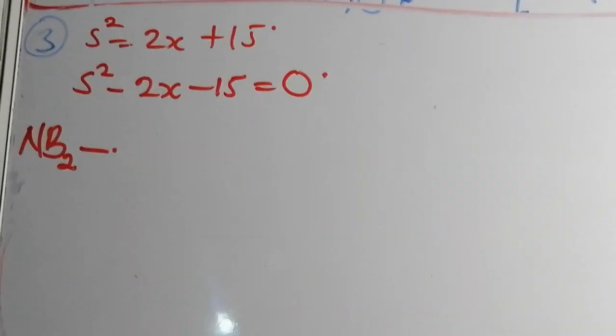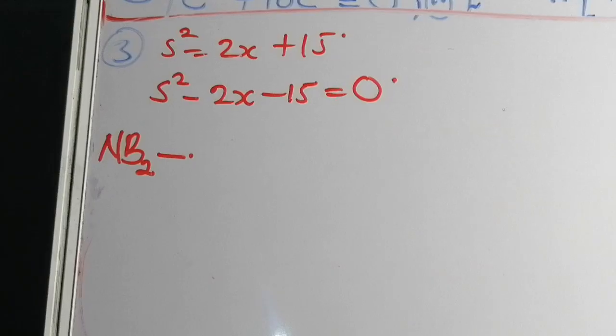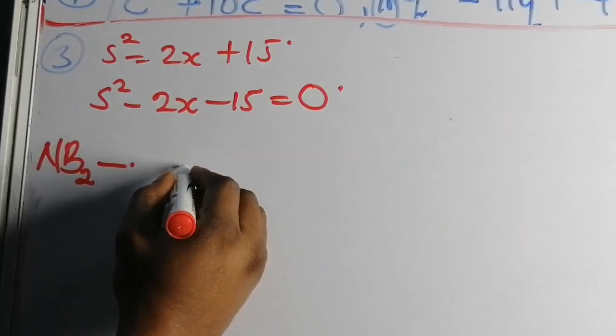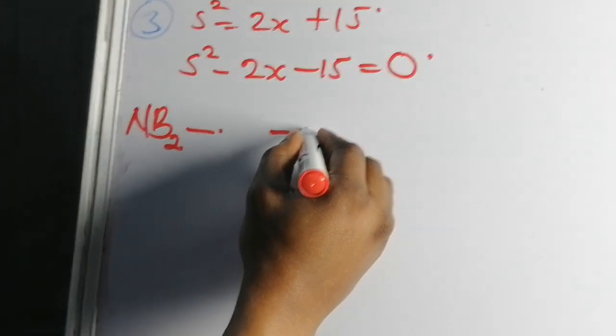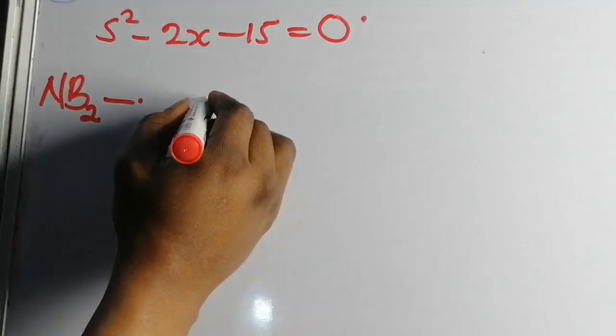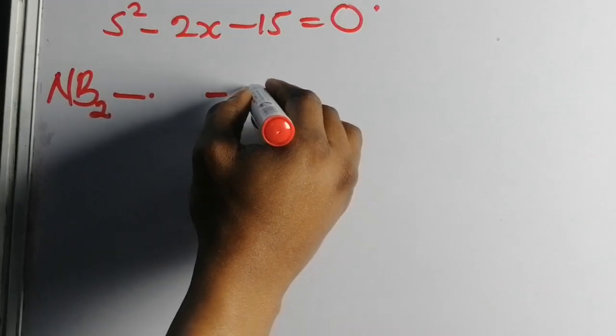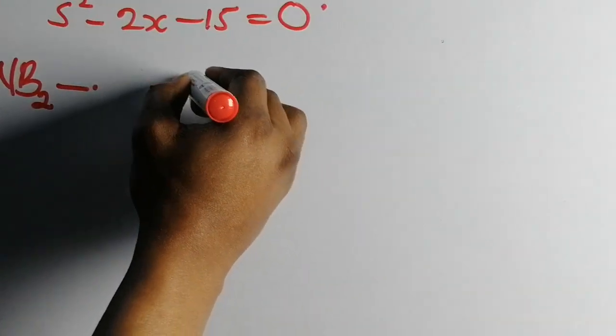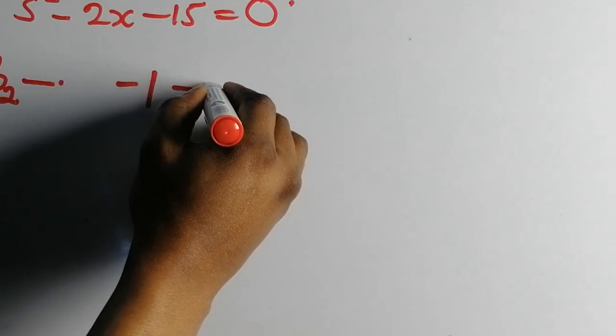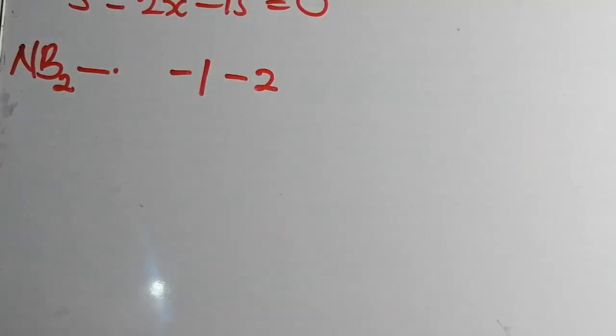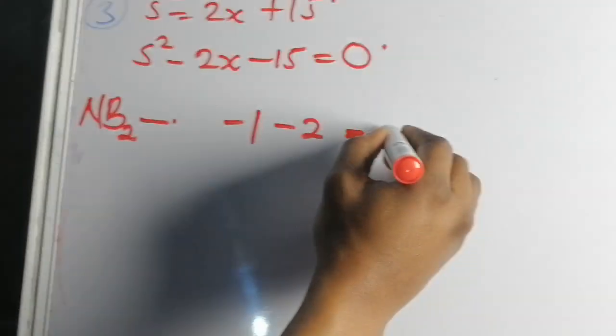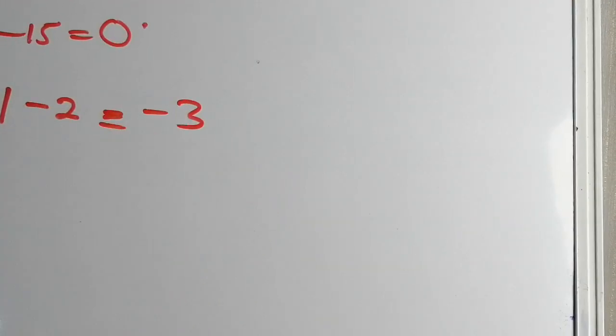Now, before we jump to that, you need to note this. Let's use minus 1 and plus 2. If you have minus 1, minus 2, this is just an example. Note, minus 1 minus 2 will give you what? Minus 3.